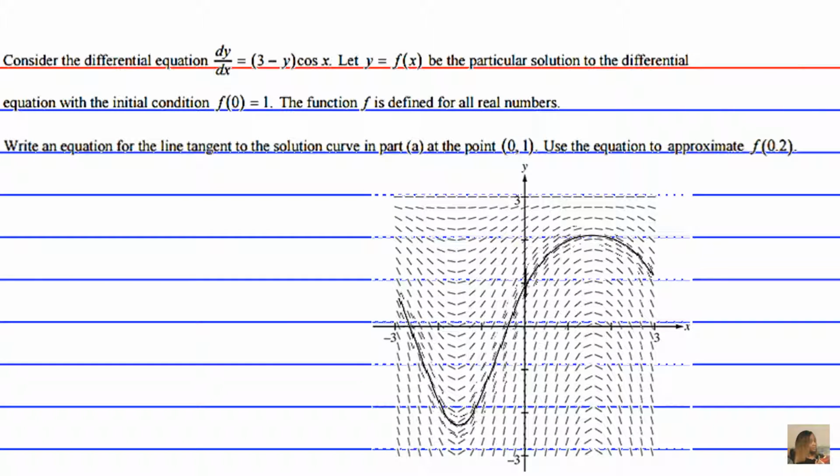All right, so we're tasked with coming up with the equation for this tangent line that passes through the point (0, 1). In this scenario, it's okay to use the slope-intercept formula because essentially the only thing we're missing is the slope.